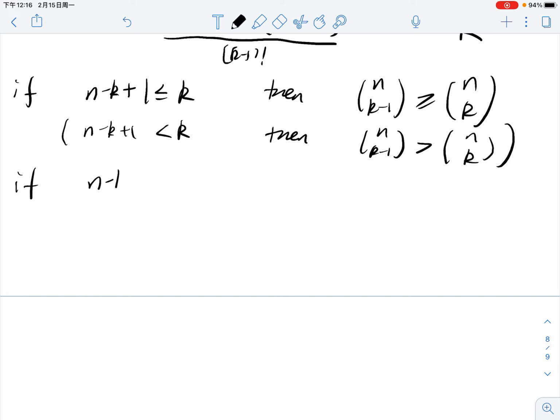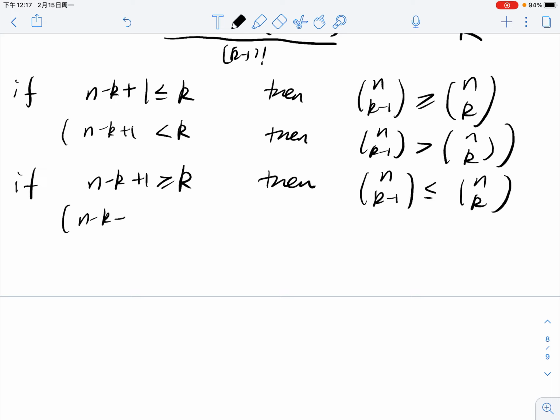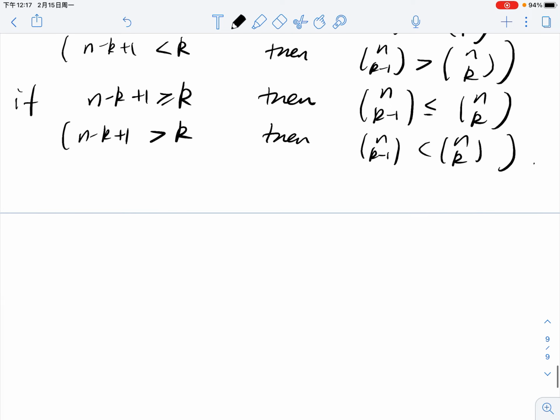And similarly, if n minus k plus 1 is greater than or equal to k, then you have the reverse inequality. And also, if the inequality is strict, then the inequality between binomial coefficients is also strict.